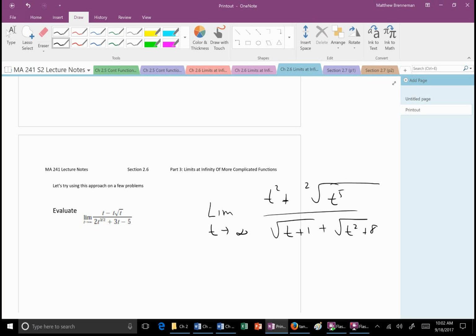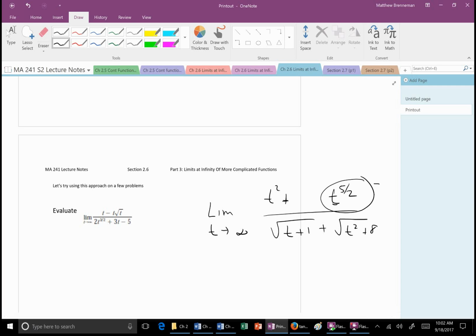So this is t to the 5 over 2. So this is t to the 5 halves, right? And so who is the leading term on the top? This guy here, right? 5 halves, 2.5. So he's going to be my leading term.